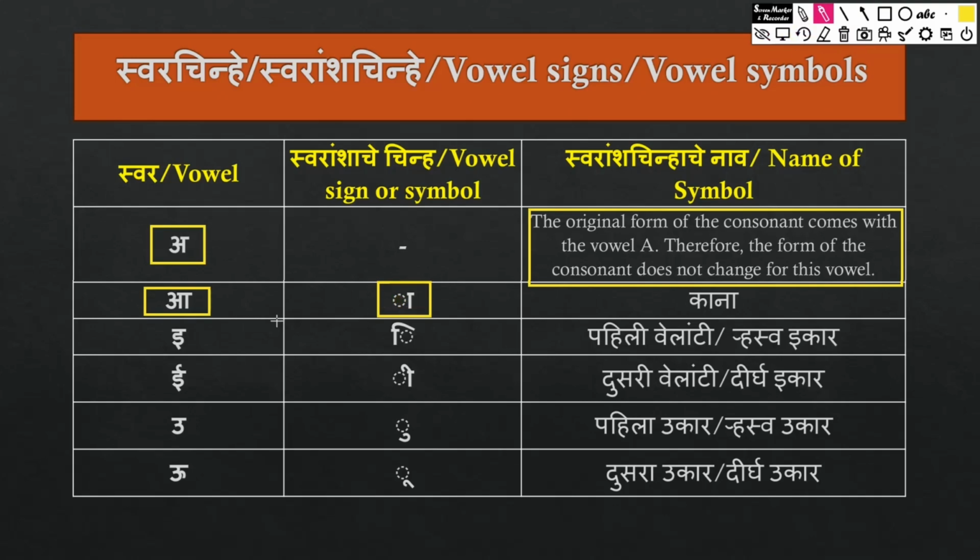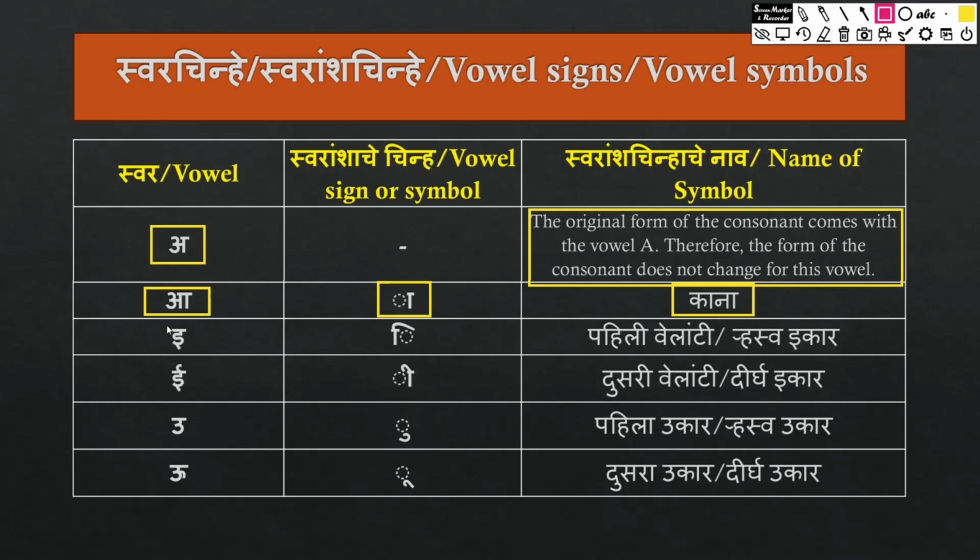The second one is aa. The symbol for aa is just a standing line. And what do we call that? We call it kana. So only the standing line is what we call kana. Kana is for aa.